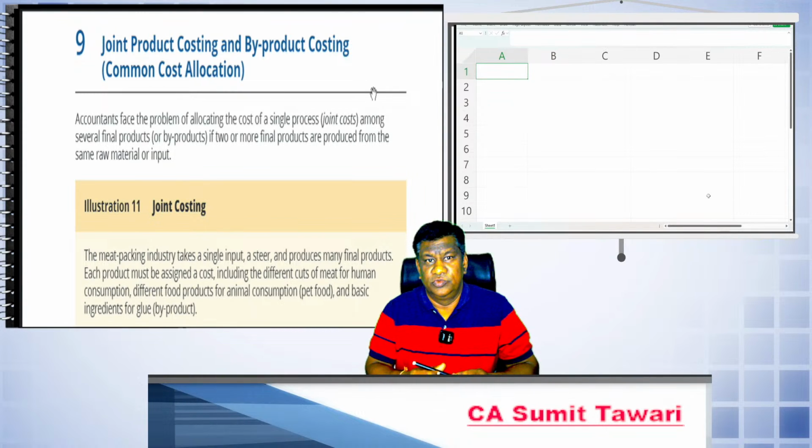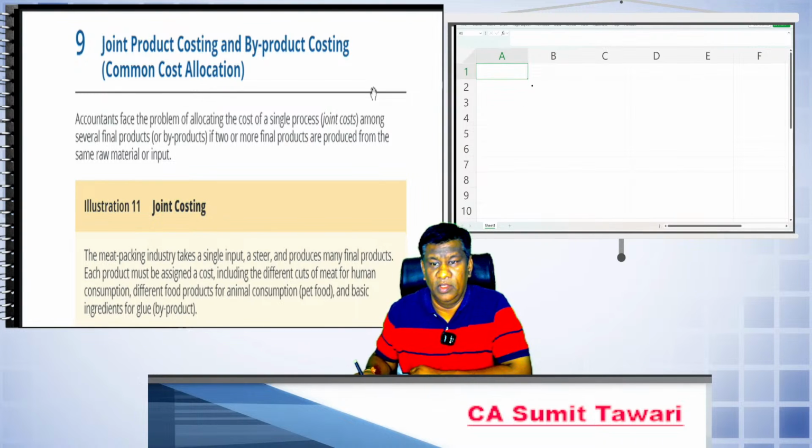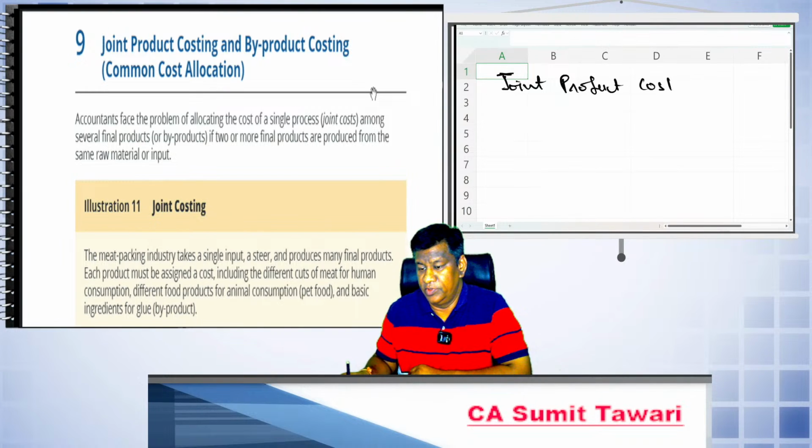Okay. So today we start from joint product cost and byproduct cost. So joint product cost is basically, if we manufacture a product A, product B, okay, it is basically the same process we need to follow.